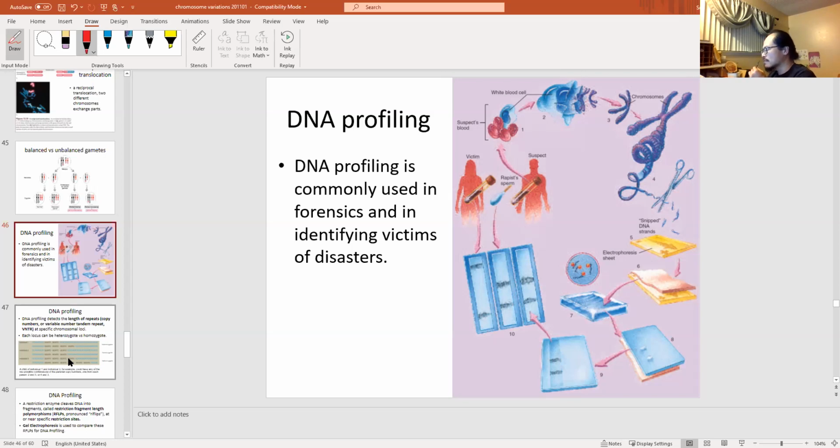You have a disaster, and you have a piece of a body. How would you identify which person this piece of body belongs to? You can use the DNA from the cells and conduct some type of matching of this DNA and that DNA.